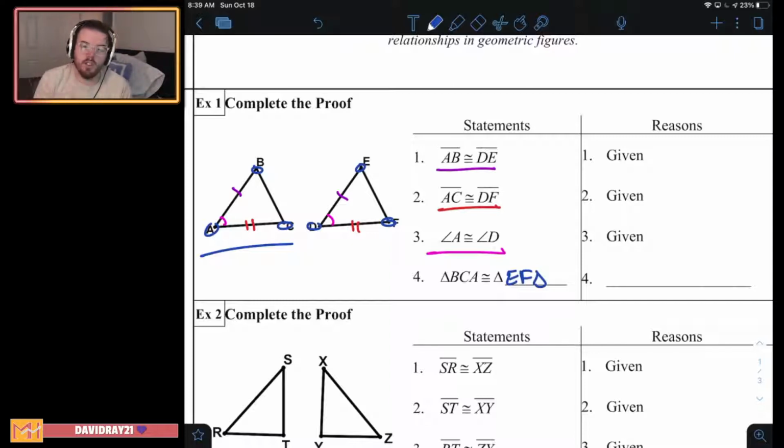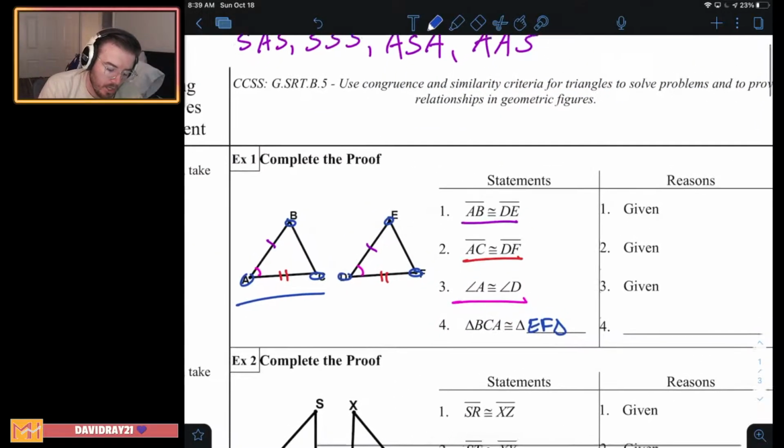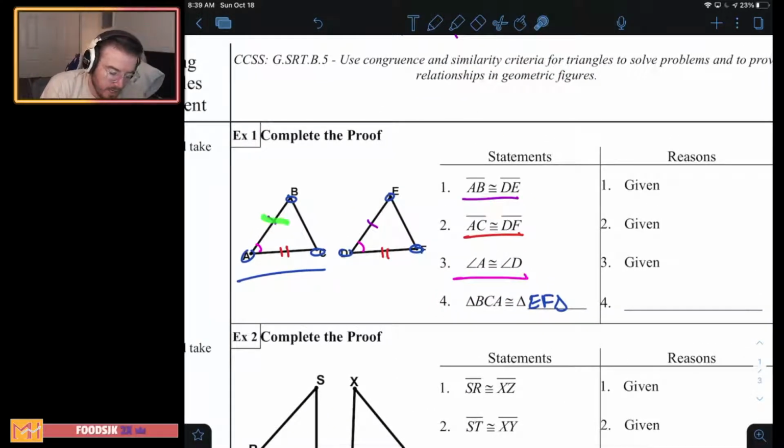And why are these 2 triangles congruent? Well, what do we have marked on the page here? These 3 statements are enough information for me, because you're trying to prove to me, the teacher, why these triangles are congruent. This right here is side, angle, side. So you've just shown me side, angle, side.